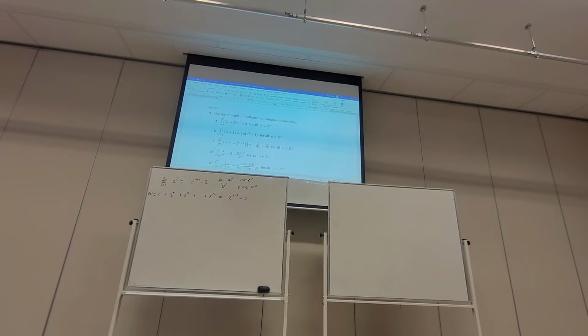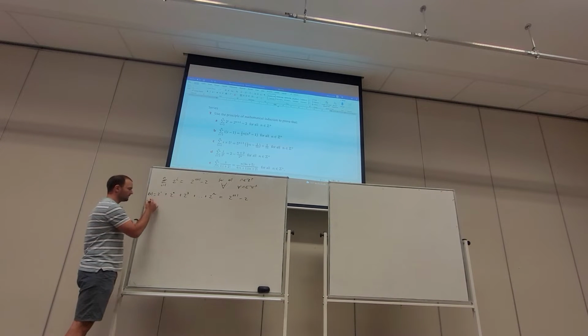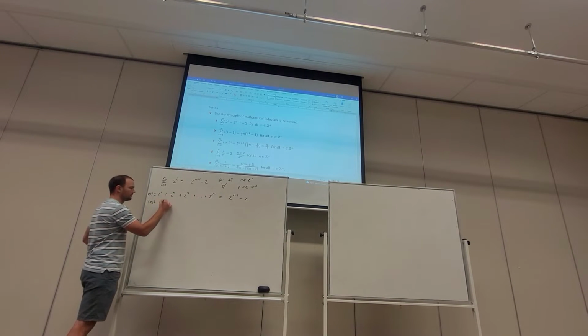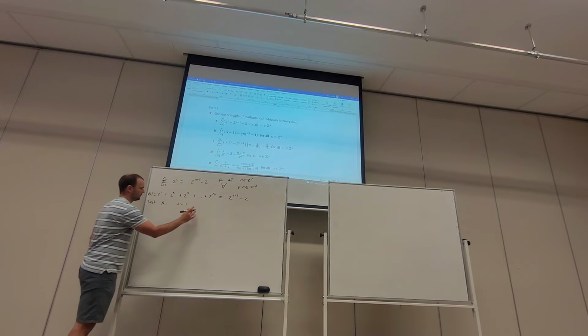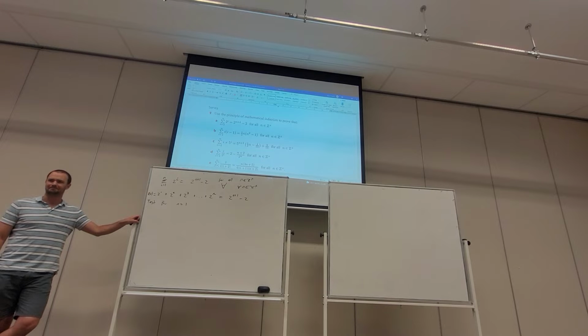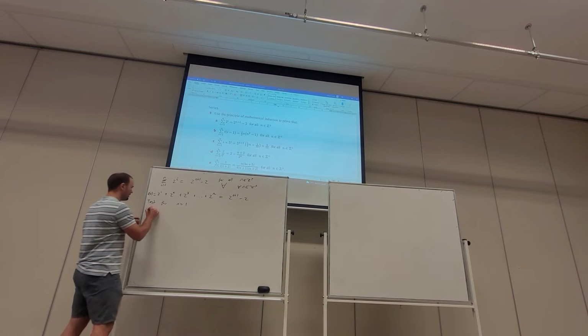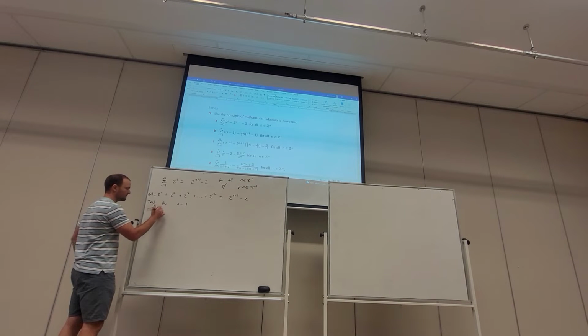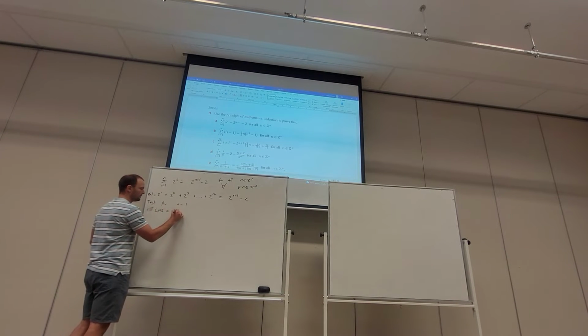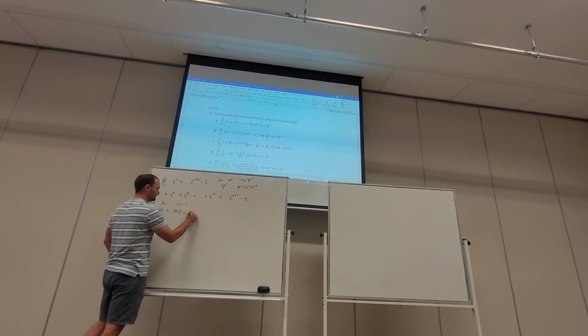Should we do it? Let's do it. Our very first thing is let's test for n equals 1. So we're testing for n equals 1. The left-hand side will be P of 1, which is 2 to the power of 1.